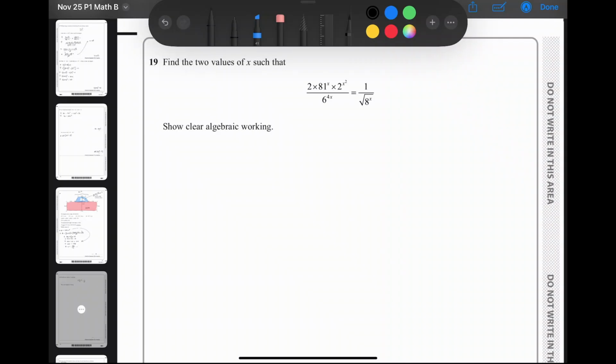For question 19, we have two equations equal to each other. We will try to determine the values by using exponents to represent them and simplify to get the value of x.